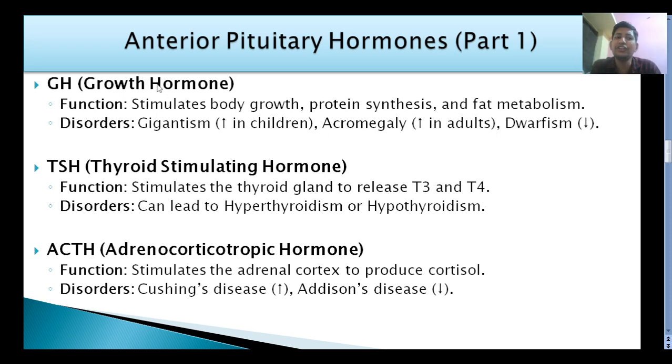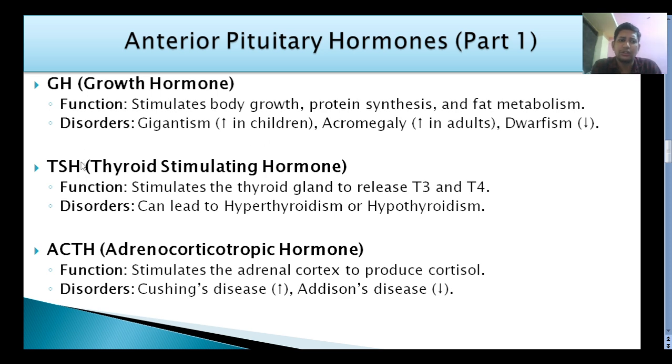The deficiency of growth hormone in children is dwarfism. Suppose there is a hypersecretion of growth hormone in a child, it results in gigantism. And if the growth hormone is hypersecreted in an adult, it causes acromegaly. So these are the disorders of growth hormone.